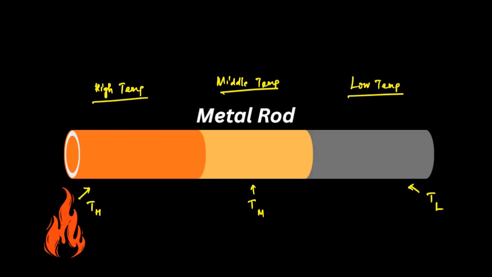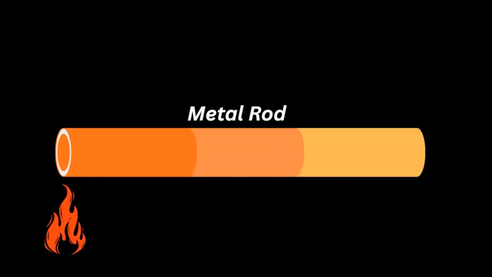So slowly heat reaches the extreme right section, there is some rise in temperature, but still this will be the point of highest temperature. This will be the point of intermediate or middle level temperature, which is lesser than TH, but this will be the lower side temperature.